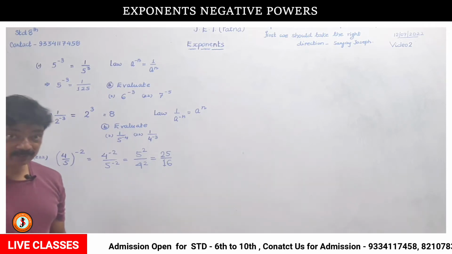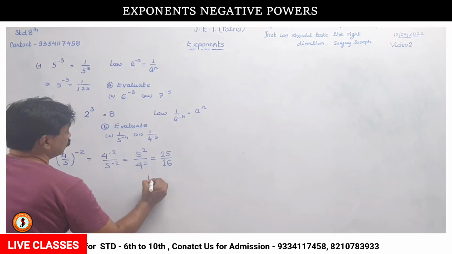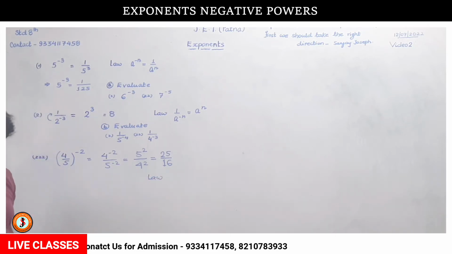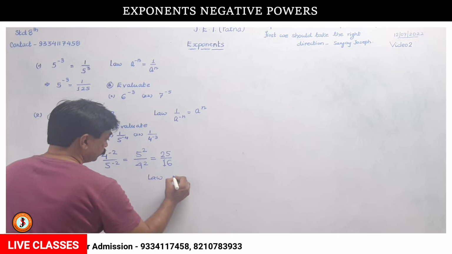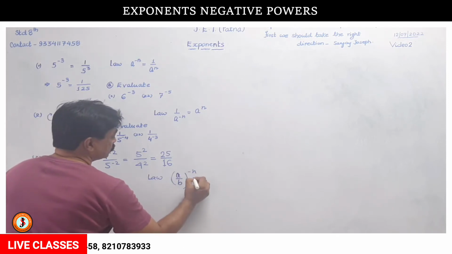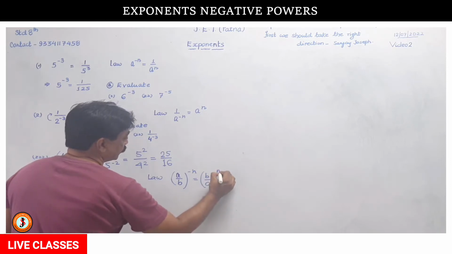So these are the basics. Now another law comes here. Next law will be, let us have a look. Next law will be a by b to the power negative n becomes b by a to the power positive n.